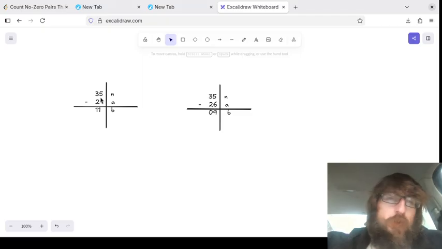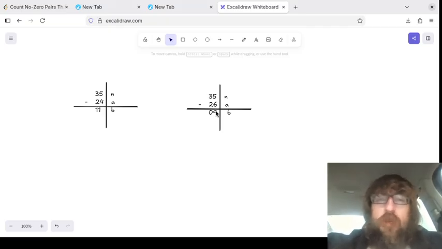So if I pick something less than 5, like 1, 2, 3, 4, then there's no carry, right? If I pick something larger than 5, like 6, 7, 8, 9, then there is a carry that affects the 3. It becomes like a 2.